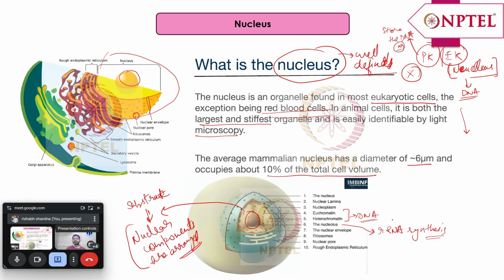Then we have the nuclear envelope. The nuclear envelope is continuous with the endoplasmic reticulum that contains ribosomes, and that is called the rough endoplasmic reticulum. So this is the basic introduction about the nucleus. If you have any doubt, you can ask.